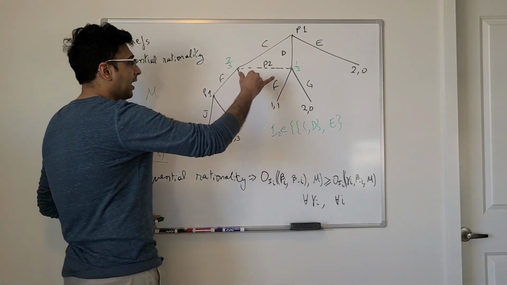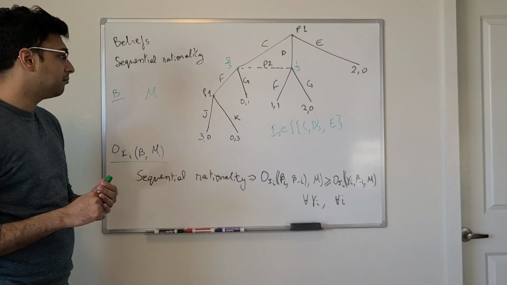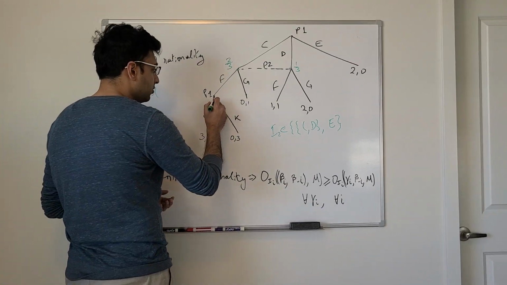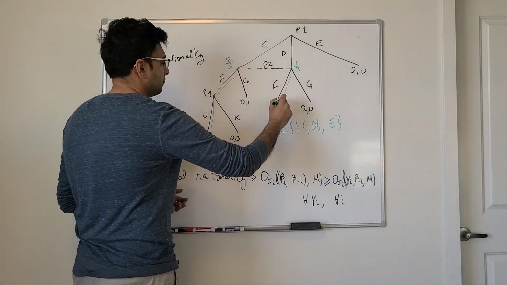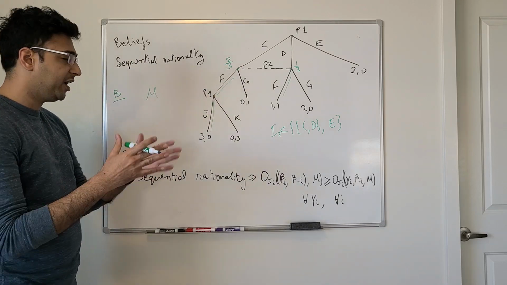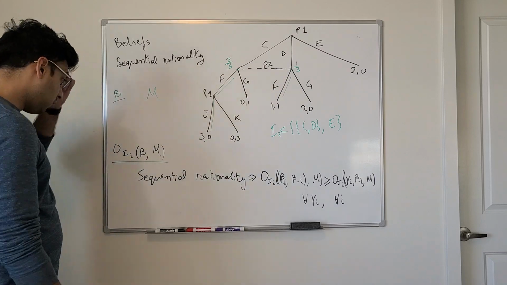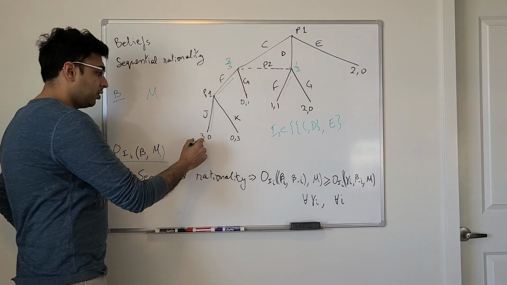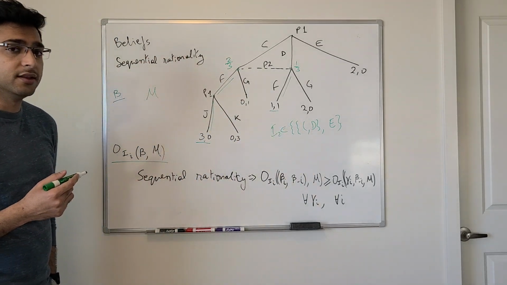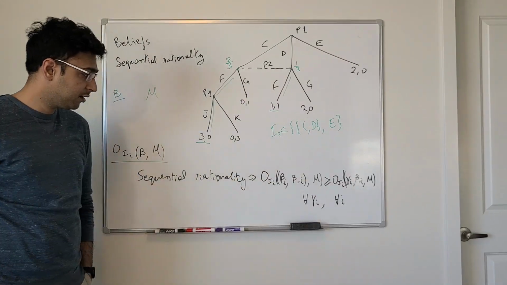So if we start at C, D and player 2 always chooses F and player 1 chooses J, that's the beta, and the mu is 2/3, 1/3, then O_I would put a weight of 2/3 on this outcome and 1/3 on this outcome, where this is the terminal history and this is the terminal history.